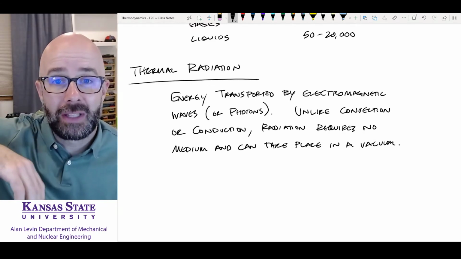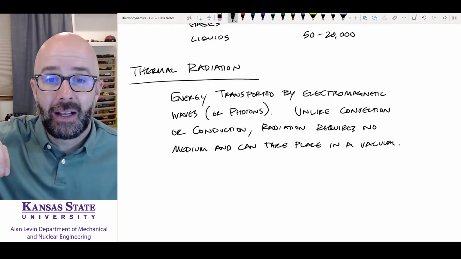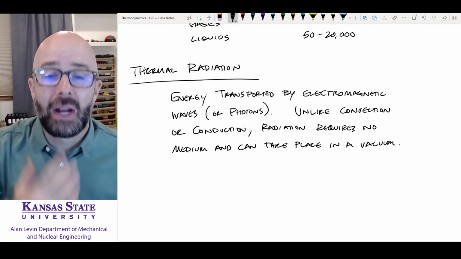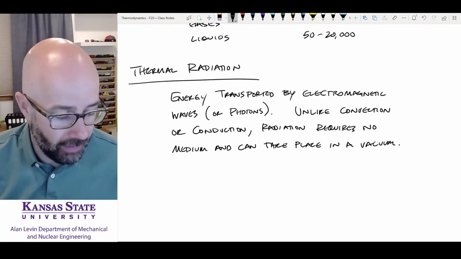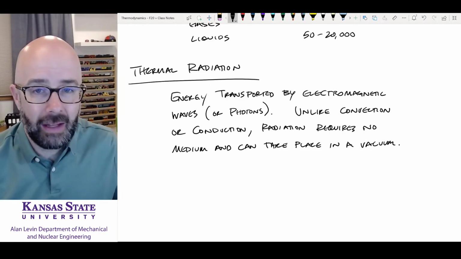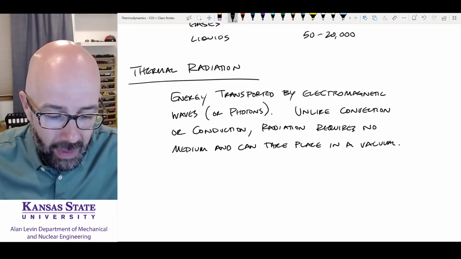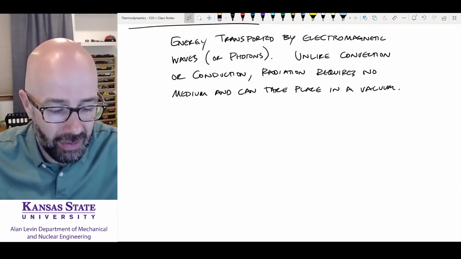And even though it's very cold up there, you can only exchange heat through radiation. So we have to think about radiation and how that interacts with us. So we have to understand radiation.